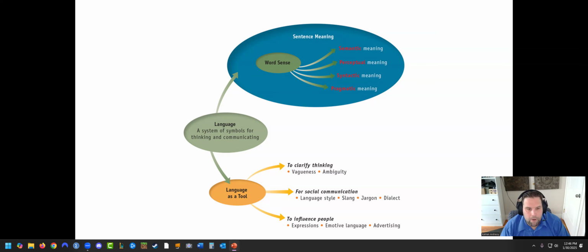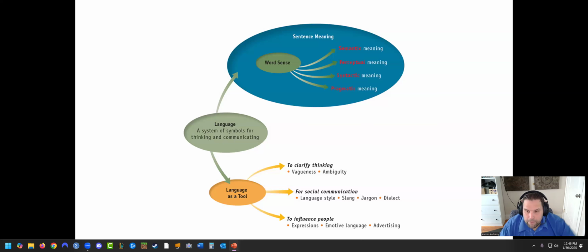And so, in terms of the way language is constructed, if we look at the underlying information and data that goes into it, language is ultimately made up of a series of sentences.